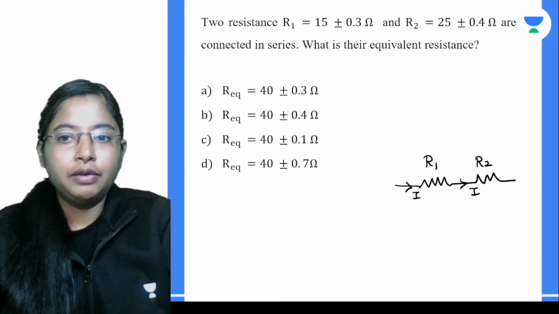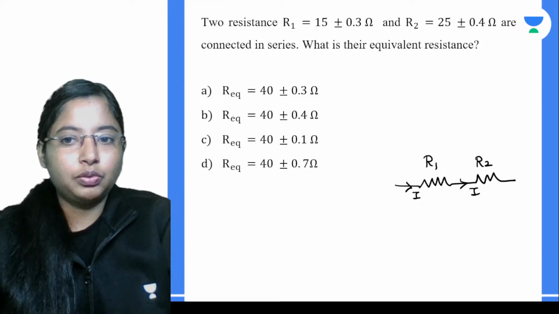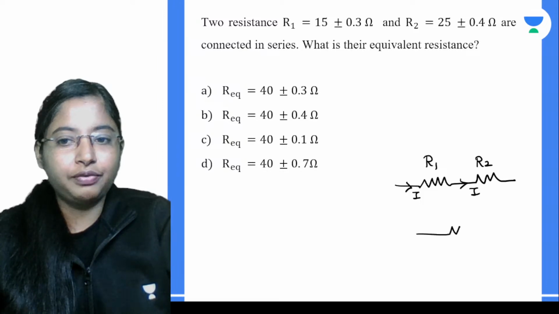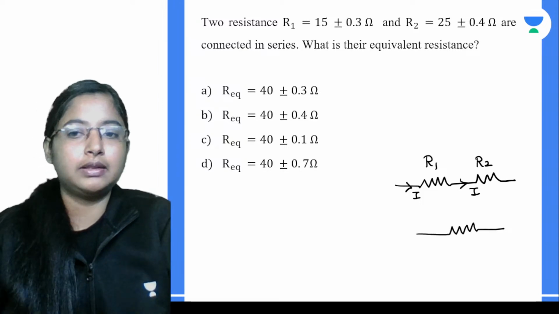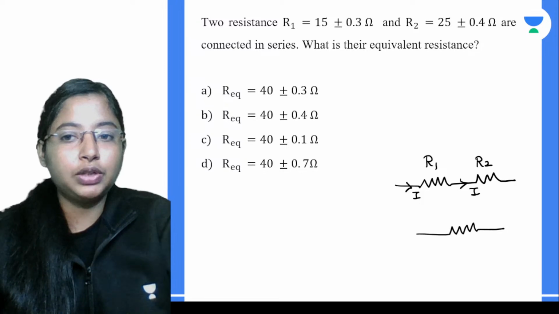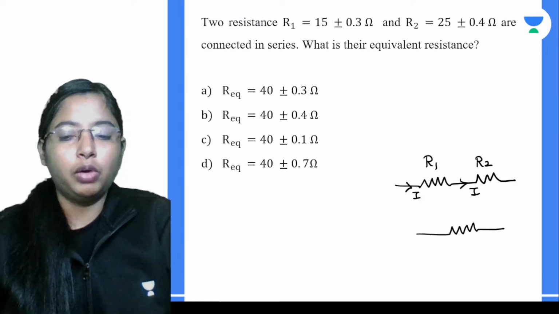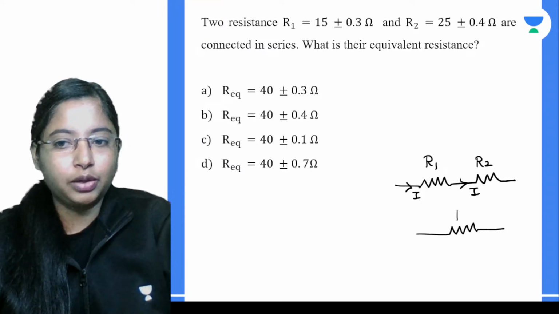Now what is the equivalent resistance? Instead of using these two resistances, if you use just one single resistance in that circuit which is equivalent, such that the same current flows in this particular circuit. Instead of using R1 and R2, if you could use one resistor, what value would that be? That is your equivalent resistor.